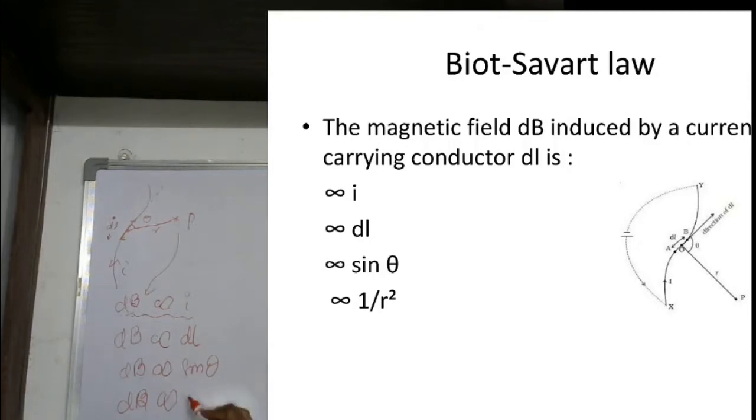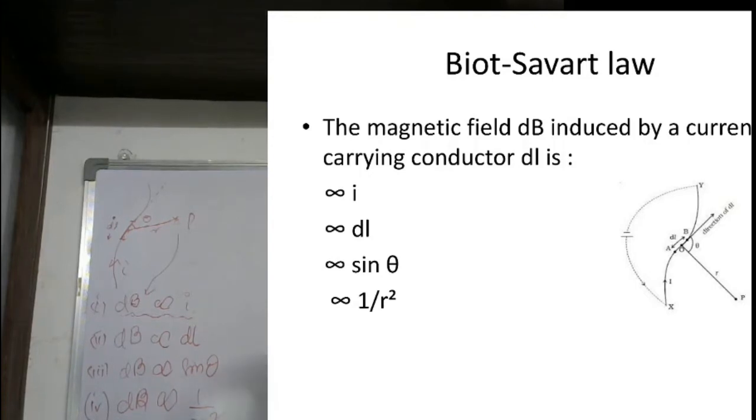It was found experimentally that dB is inversely proportional to r square. So, these are all the 4 factors found to influence the induced magnetic field of a current carrying conductor.